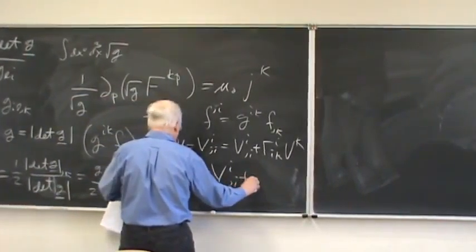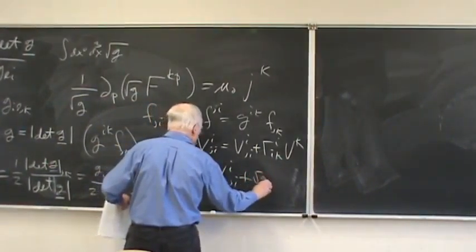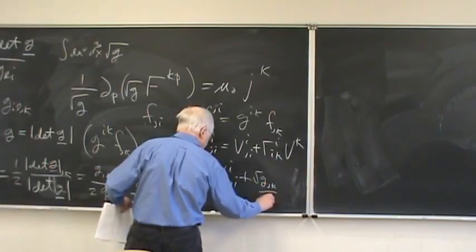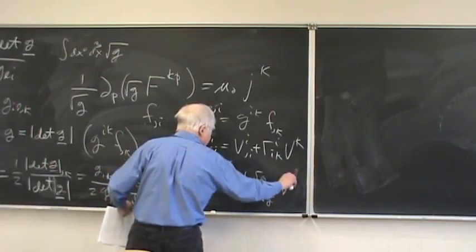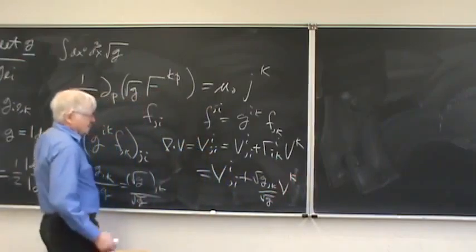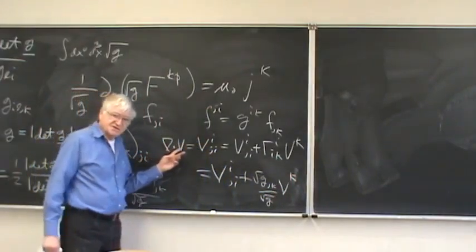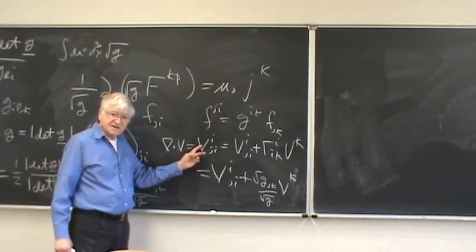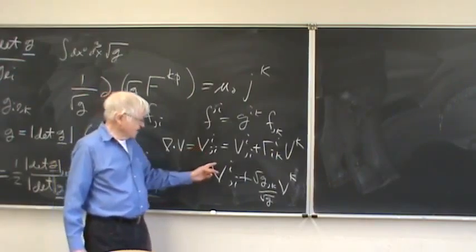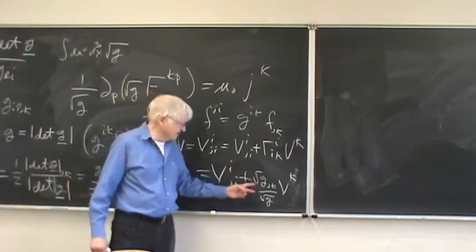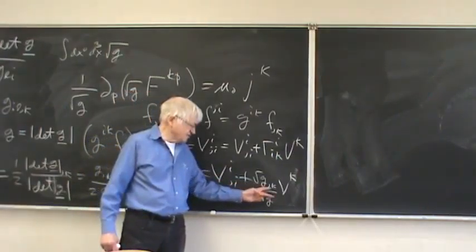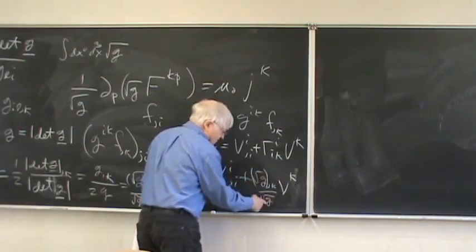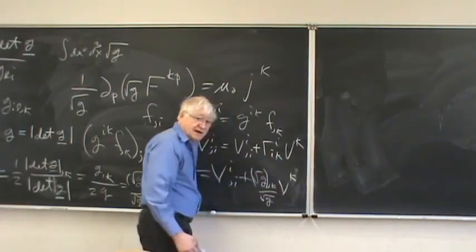So this is plus square root of g comma k over square root of g times v^k. So the covariant divergence of a contravariant vector is the ordinary divergence plus this funny term here, the square root of g comma k over square root of g times v upper k.